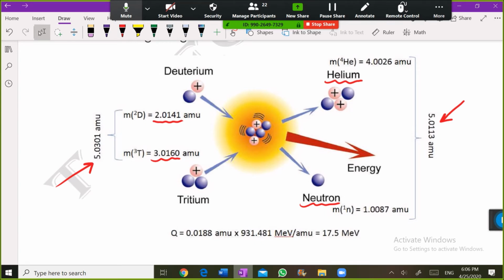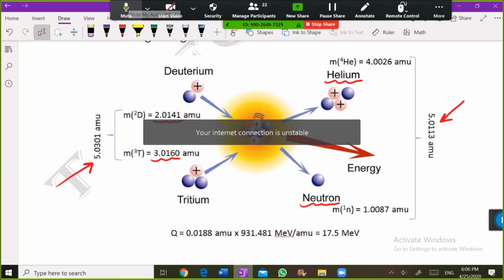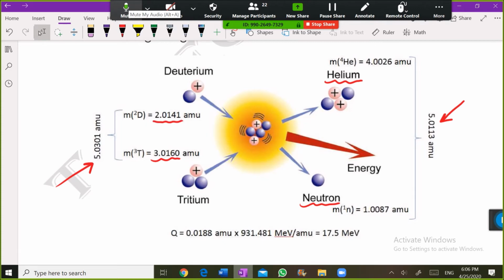After the reaction, the total mass of the products becomes 5.0113. So there is a change in mass here, guys.